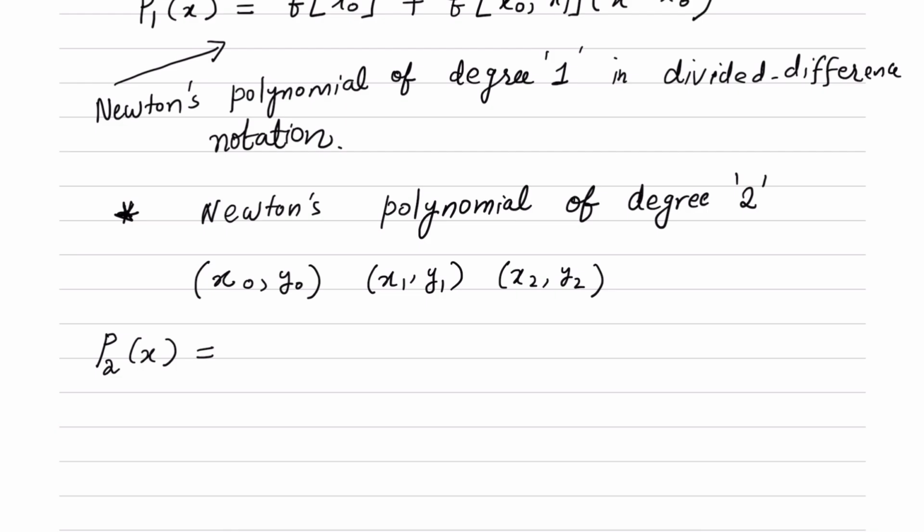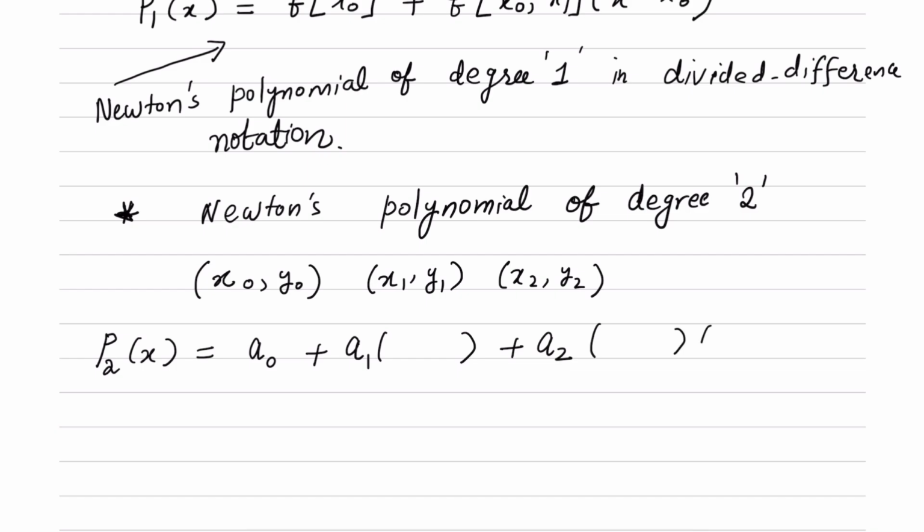First we write simple Newton's polynomial, which is a0 with no factor, a1 with one linear factor. It is p2, so you stop at a2.